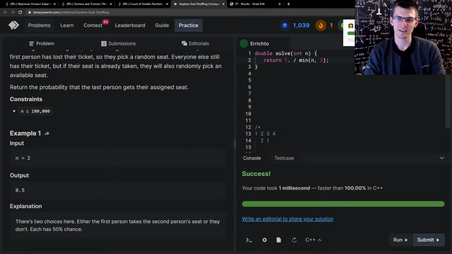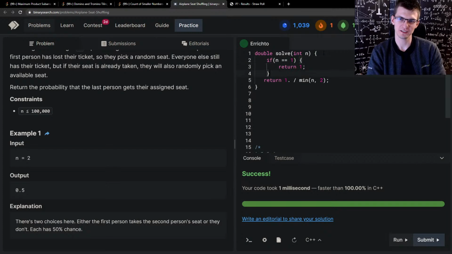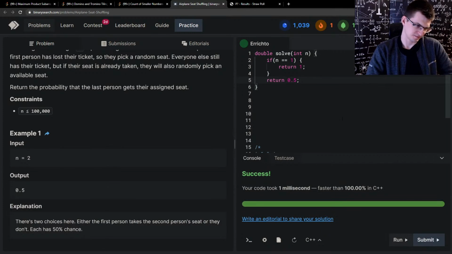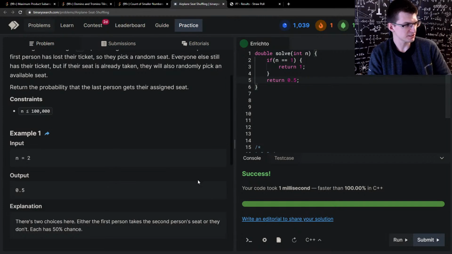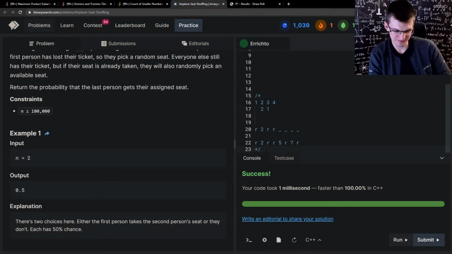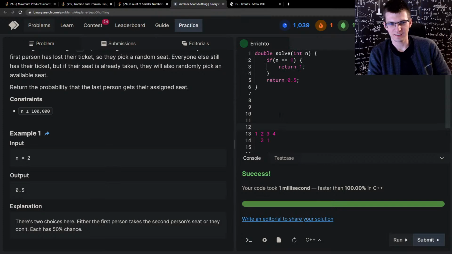Correct. In other words, if n is 1, we return 1, otherwise we return half. That's quite simple code, but that's only one step. Let's try to understand. If n was at least 2, then returning half would be correct code.